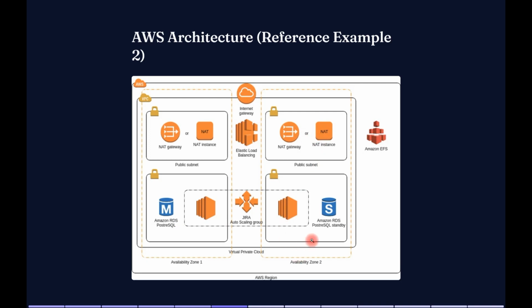In the other availability zone we are using similar components. What is the purpose of using two availability zones here? We have similar components, right? So if there is some issue with one availability zone, our resources can access the components available in availability zone 2. So it's mainly used for high availability.